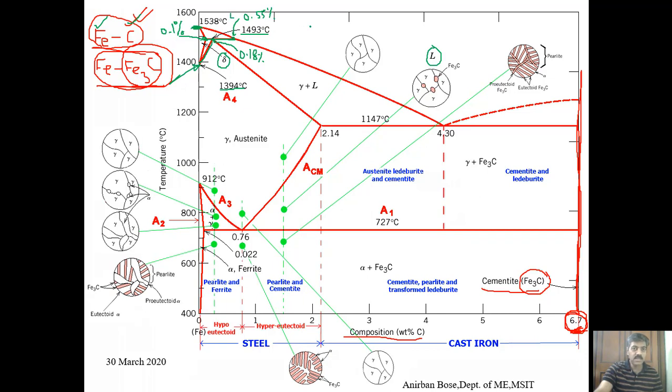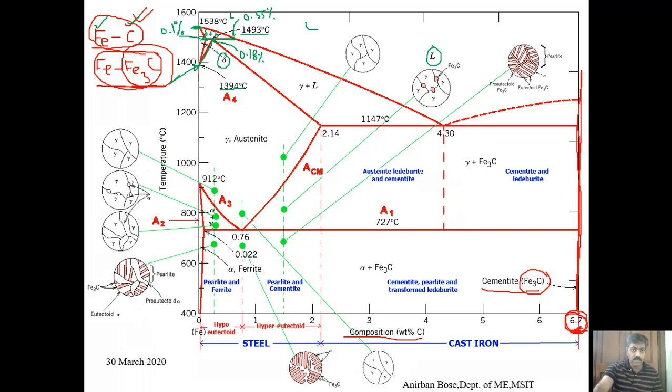Everywhere here it is liquid, and here it is delta. So what will be there in this region? This region is basically delta plus liquid. Okay.